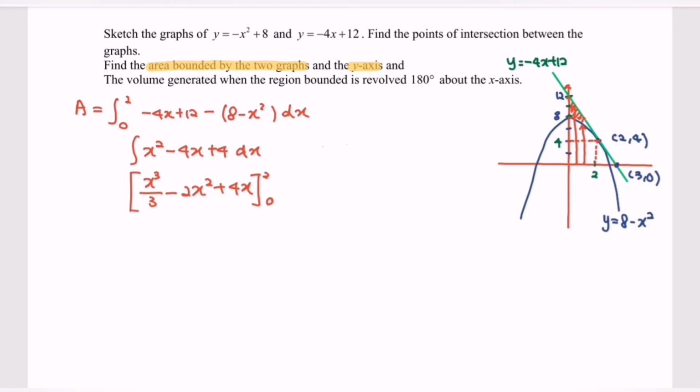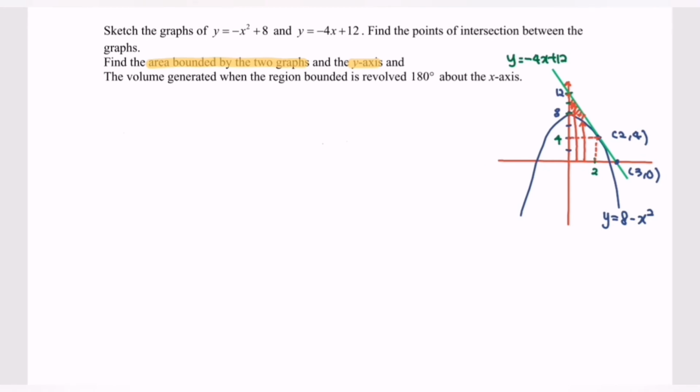Substitute the values. We will have 8 over 3 minus 2 multiplied by 4 plus 8, minus, if we substitute 0, we will obtain 0. So at the end, the area is 8 over 3 unit squared.